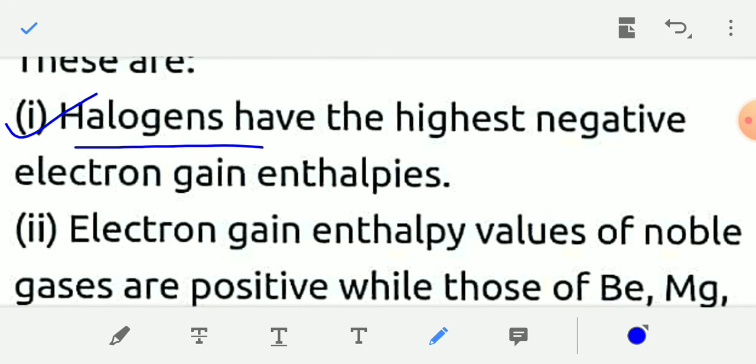Generally in a group, electron gain enthalpy decreases from top to bottom, but in the case of halogens, the electron gain enthalpy of chlorine is greater than that of fluorine.